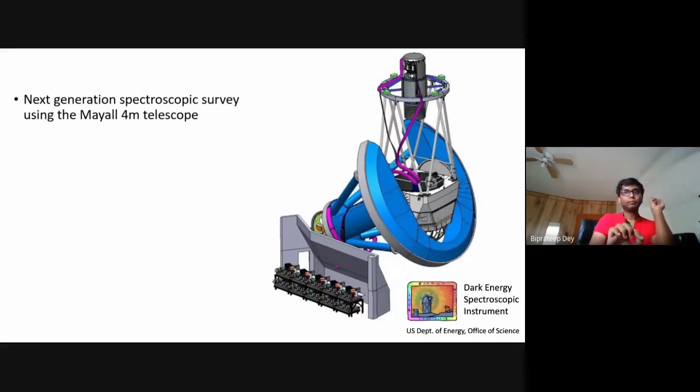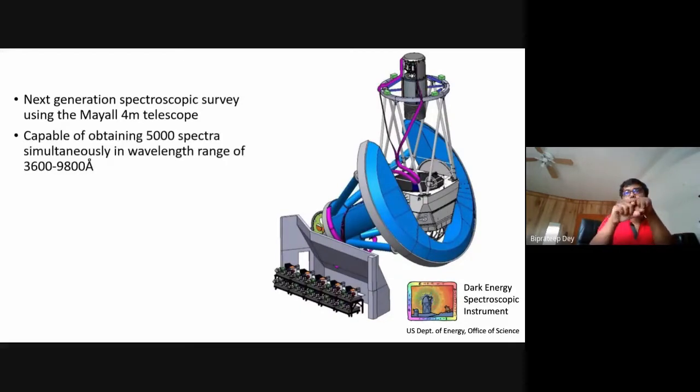Each of these arms can automatically put a fiber optic cable at the location of a galaxy or star on the focal plane of the telescope to carry the light from that particular object to the spectrographs, which are basically prisms that split the light and get the spectrum. And it has 5,000 of those arms, so you can take spectra of 5,000 objects simultaneously.